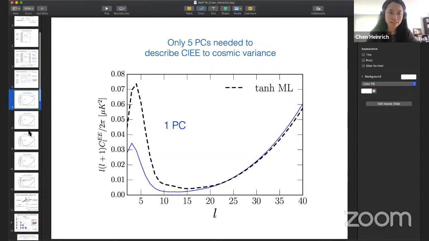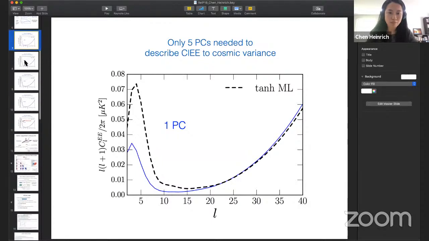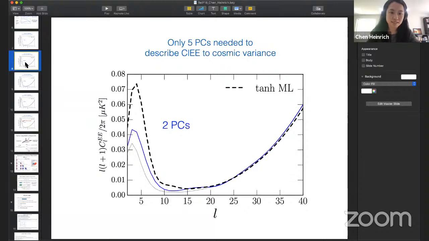Just to convince you that this works, only 5 PCs are needed to describe CLEE fully to cosmic variance. So this will be valid for future CMB large scale data as well, such as those from CLASS or LiteBIRD. For a simple tanh model, you can use 5 PCs to describe its impact on CLEE.